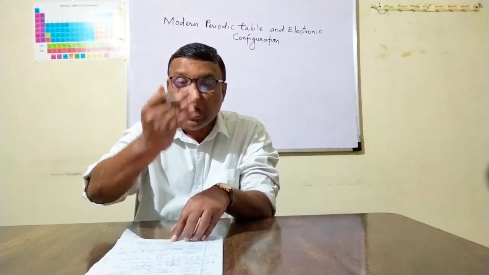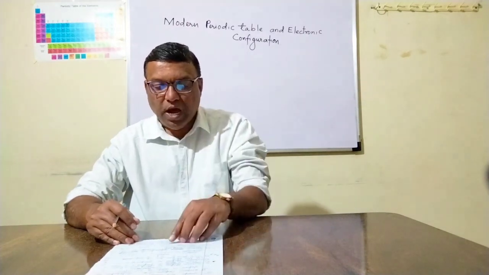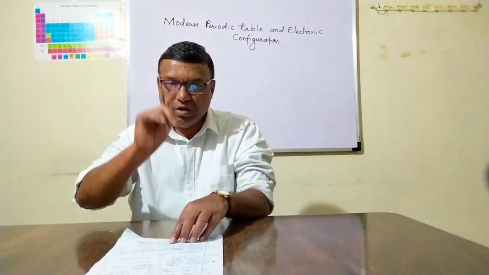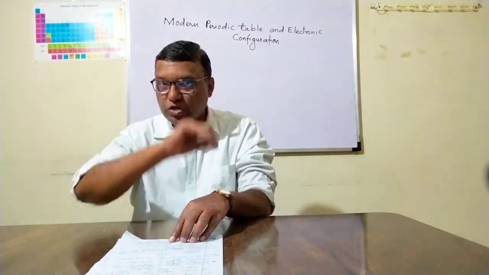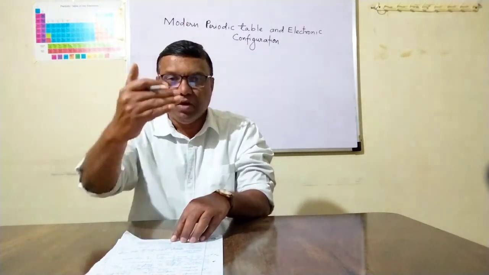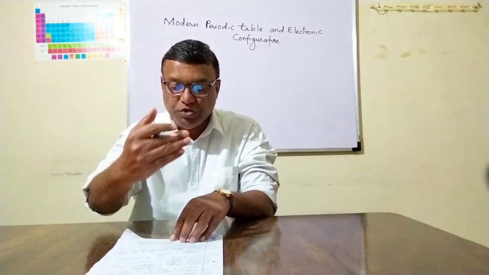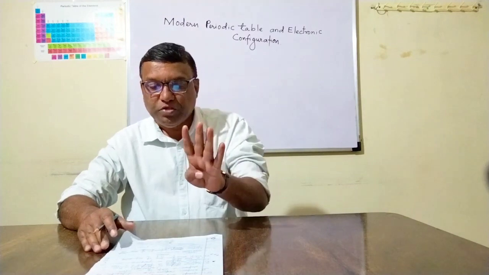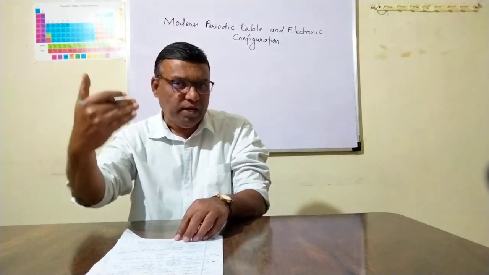What you are observing is that in group number 1, hydrogen has 1 shell, 1 orbit. After hydrogen, lithium has 2 shells. After lithium, sodium has 3 shells. After sodium, potassium has 4 shells. Then it increases by 1 in rubidium, cesium and francium.